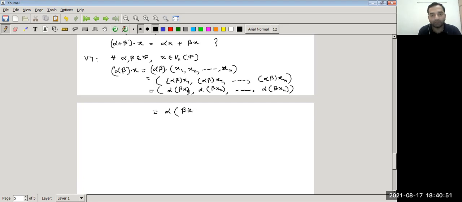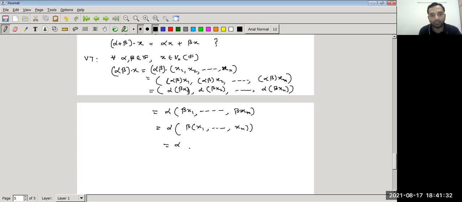Again we can take beta common, beta (x1, x2, xn).